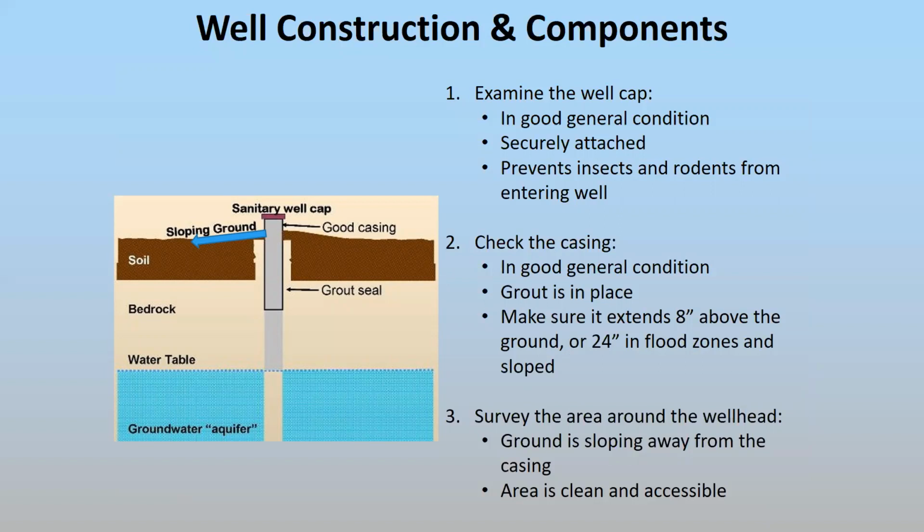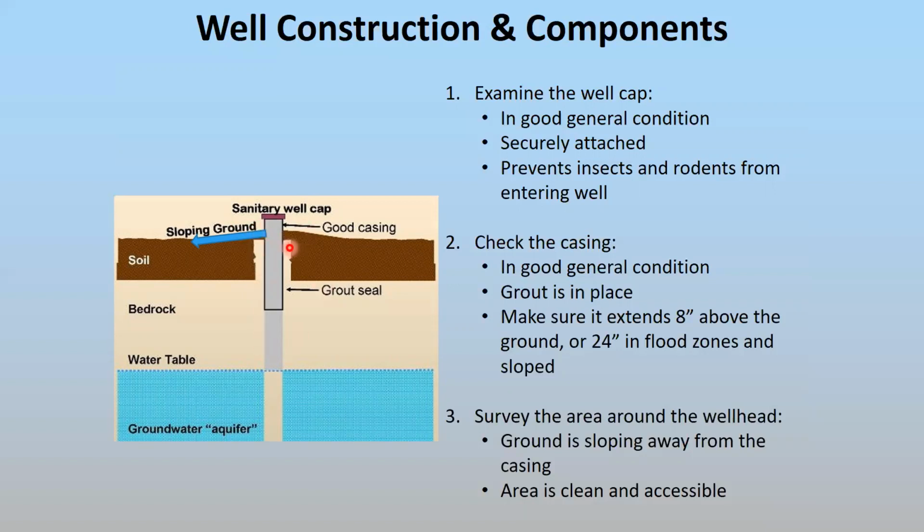Be sure that the ground is sloping away from the wellhead so that water is not sitting after a rain or a flood right here against the well, because it potentially could infiltrate down along the casing.